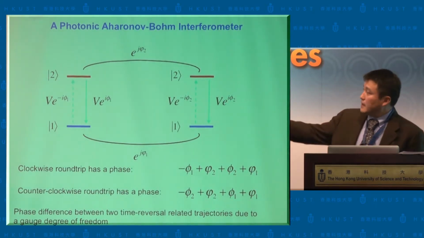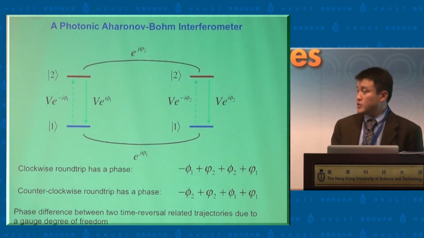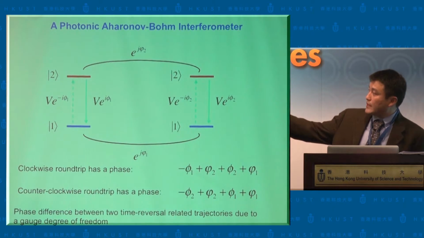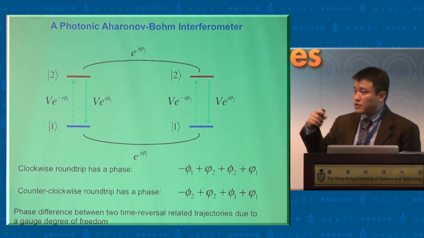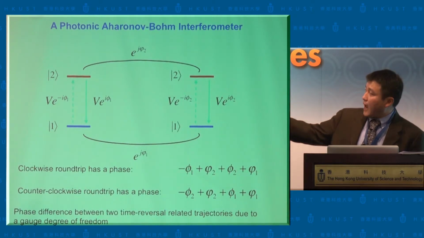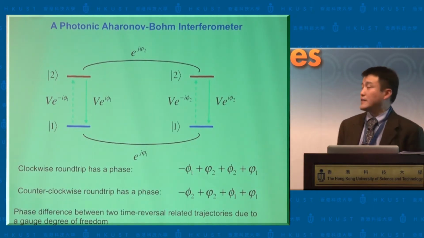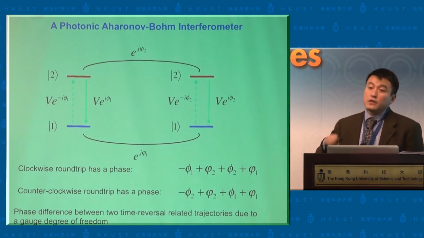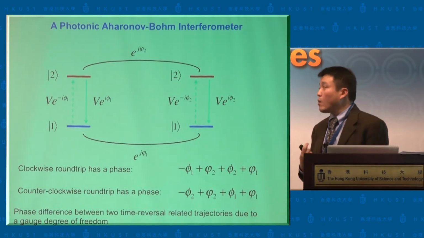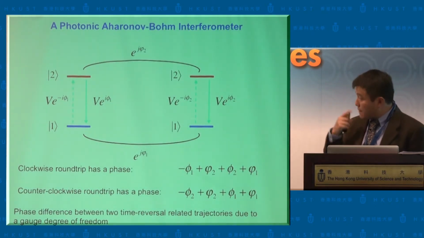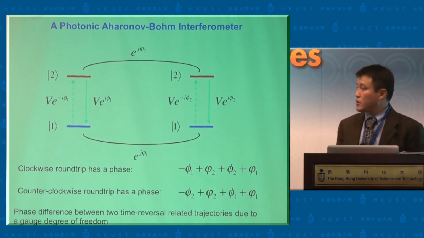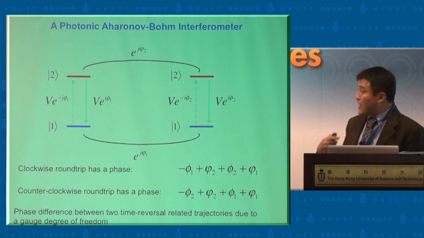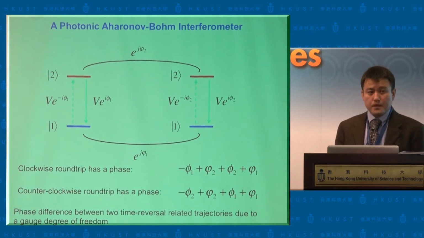You see that in the clockwise rotation case, it goes through an upward transition and a downward transition, whereas in the counterclockwise case, it goes through an upward transition here and a downward transition here. Now, these two pathways that are related by a time reversal operation would actually acquire different phase.